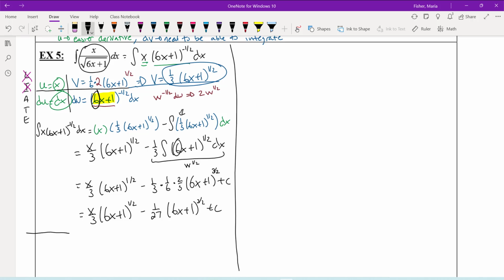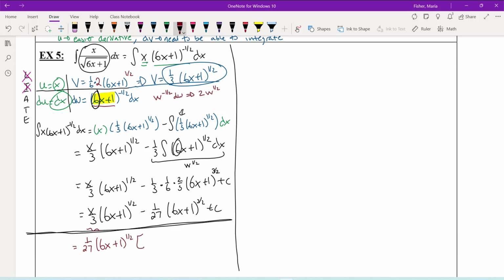Now if you were doing this in the homework, you would stop right here. But because we're going to do it two separate ways and I want to show you that they're equivalent to each other, I'm going to take a couple extra steps here and factor so that we see that we get the same answer no matter which way we do it. If we were to continue and factor out the GCF, it would be 1 over 27 times (6x plus 1) to the 1/2.